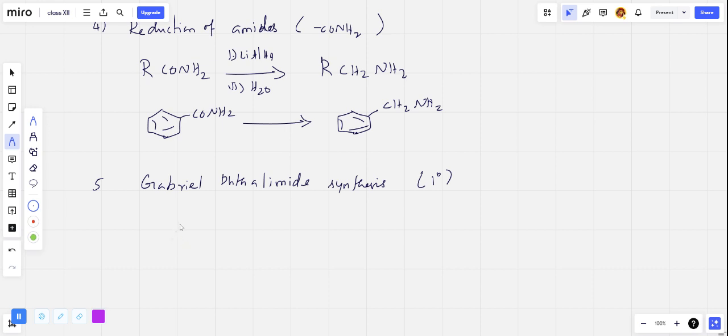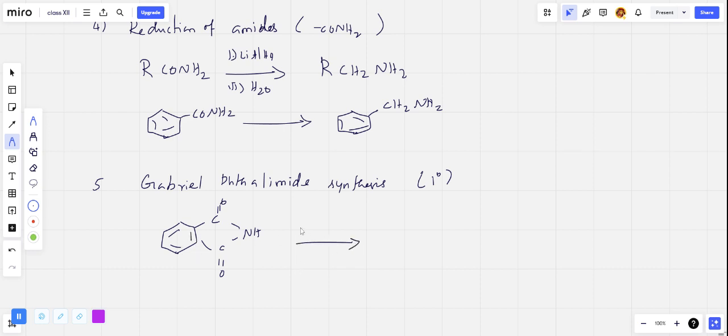So what is the phthalimide? Yesterday in the previous reaction we have seen what phthalimide is. It's C double bond O, C double bond O, then NH. This is phthalimide.